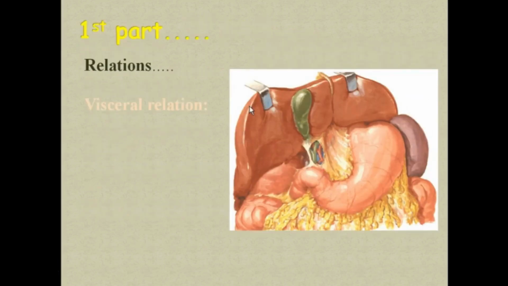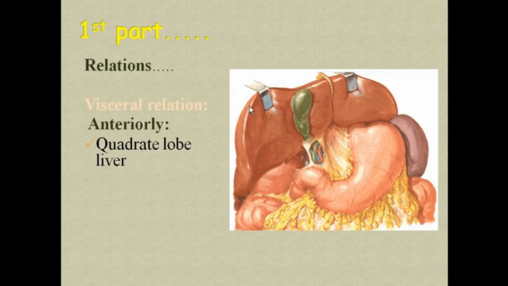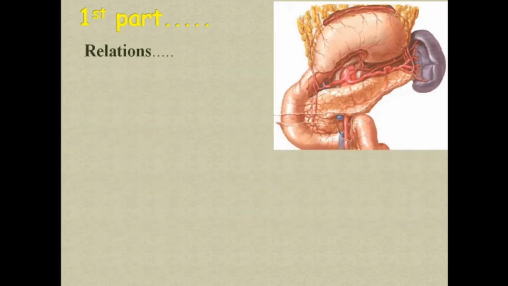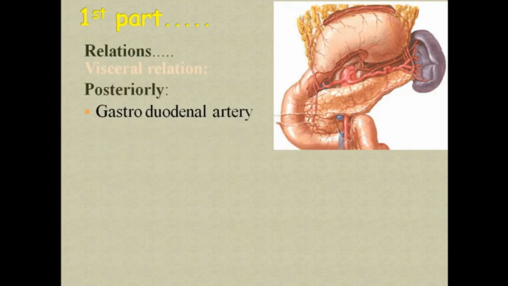Talking about the relations of viscera, such as organs related to it, anteriorly we have the quadrate lobe of liver and gallbladder, and posteriorly we have gastroduodenal artery on the right side. Here you can make out, this is the first part, and here we have the common hepatic artery, which gives a branch called gastroduodenal artery.